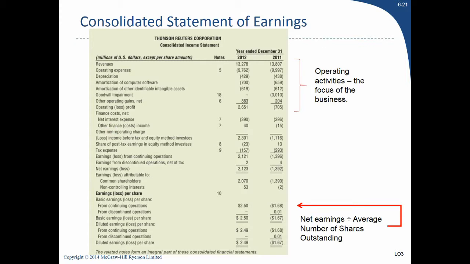The important thing to note is they have a separate line item called operating profit. That's a good indicator of how their day-to-day operations are doing. And they have all these other items impacting, right? They have tax expense down here, they have interest expense here. All this gets you to net earnings.